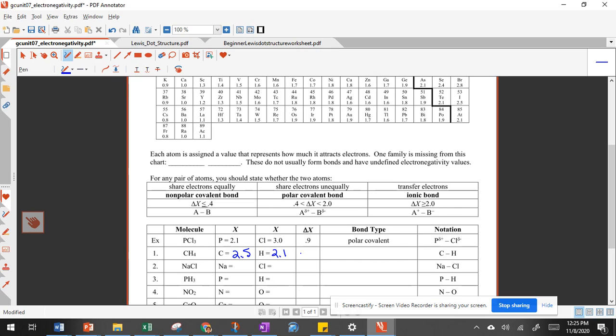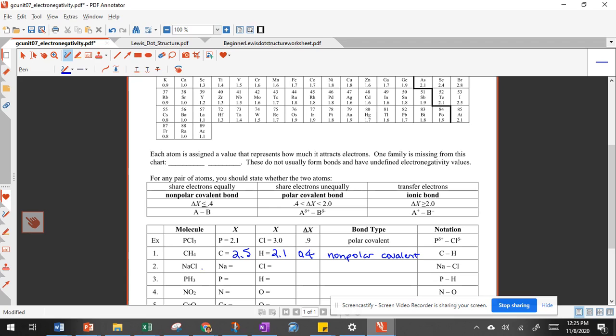The difference between those is 0.4. So this tells us that we have a nonpolar covalent bond. Since this is a nonpolar covalent bond, there's not going to be a slightly positive or slightly negative end with our bond. So we're just going to leave it like it is.